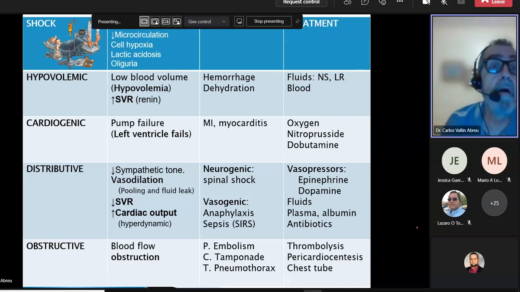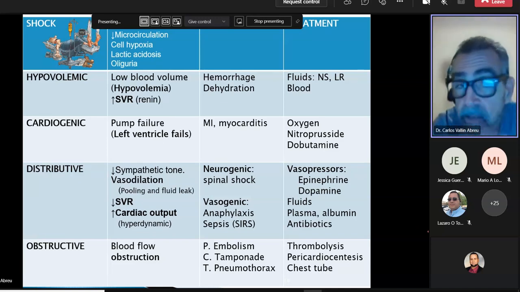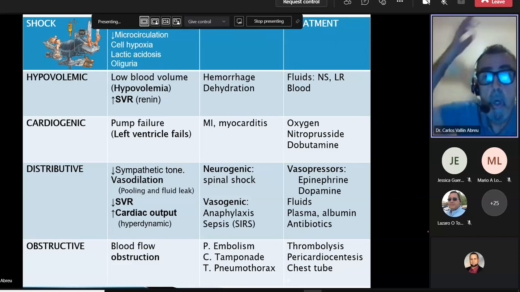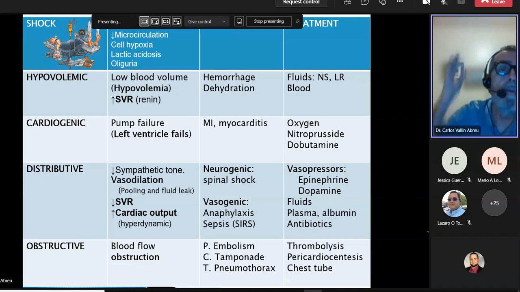The consequence of any one of these etiologies is that the pressure is so low that the blood is not moving.